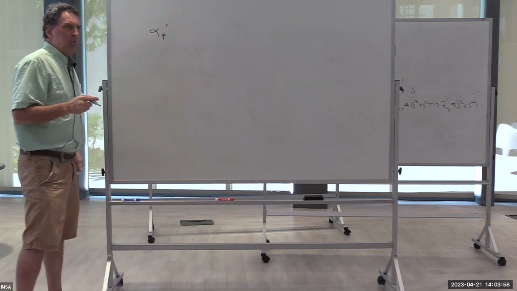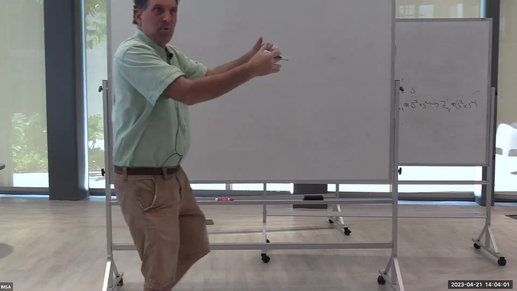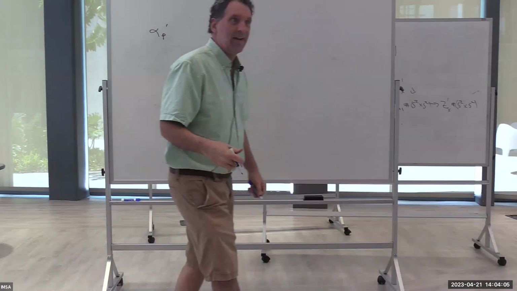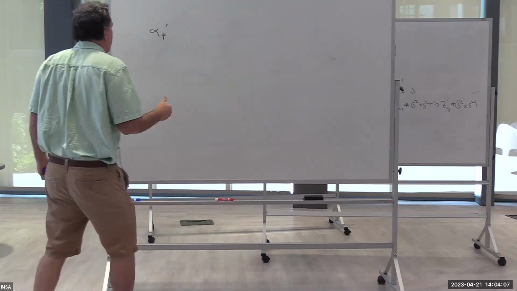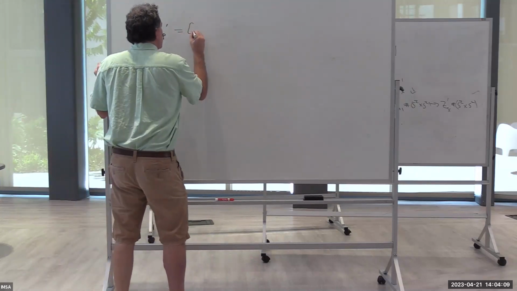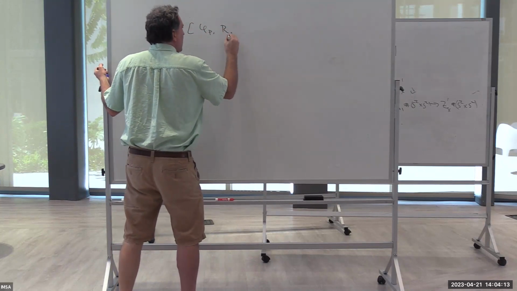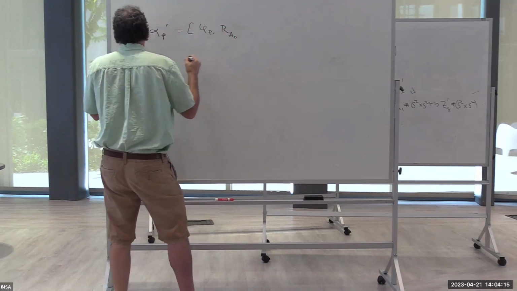So alpha P, I'll call it prime, because I'm taking that data and putting it in the standard form and kicking it out. We can just conjugate by that if I want to get the exact alpha P's. This thing is just going to be the commutator of EP together with the reflection in A0.